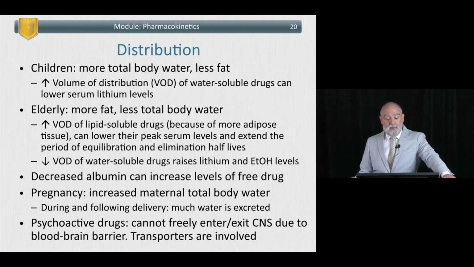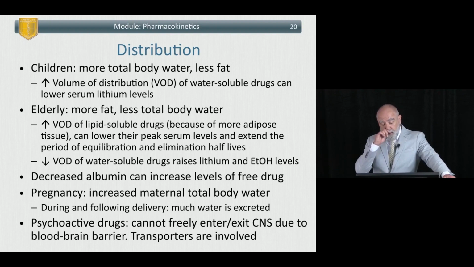On the other hand, because older people have less total body water, they may need much smaller lithium doses to reach therapeutic levels than you might imagine based on their weight.